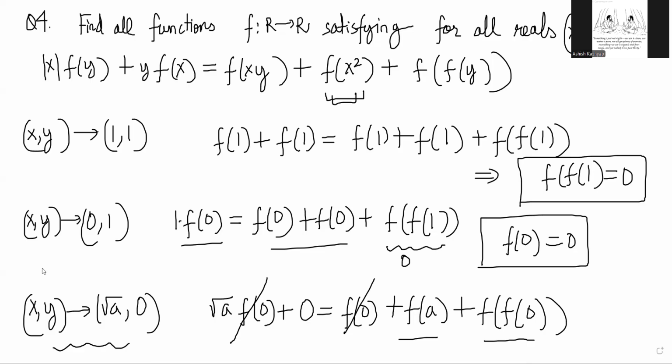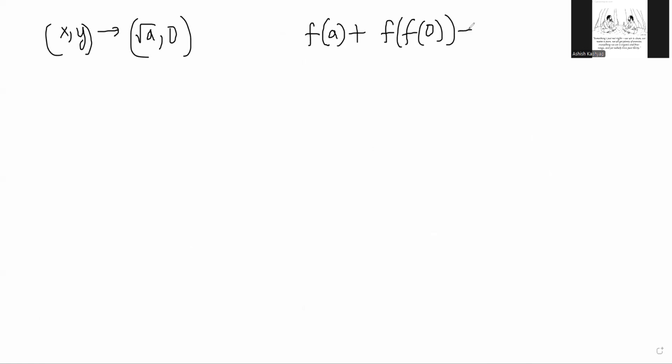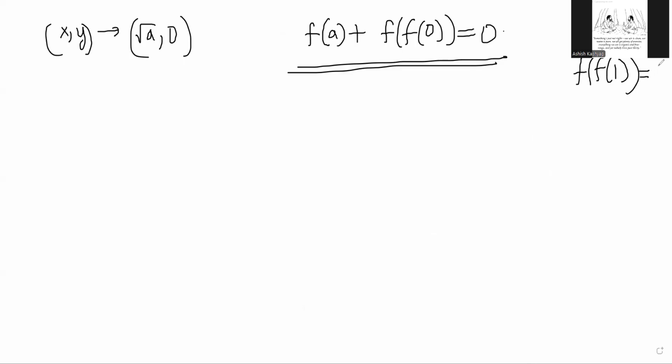So let's rewrite this last step here. We get x and y when we put root a and 0. We are getting this equation f of a plus f of 0 is equal to 0, right? And so far before this, what have we found? We have found f of 0 as 0. And we have found f of 1 as 0 as well, right?